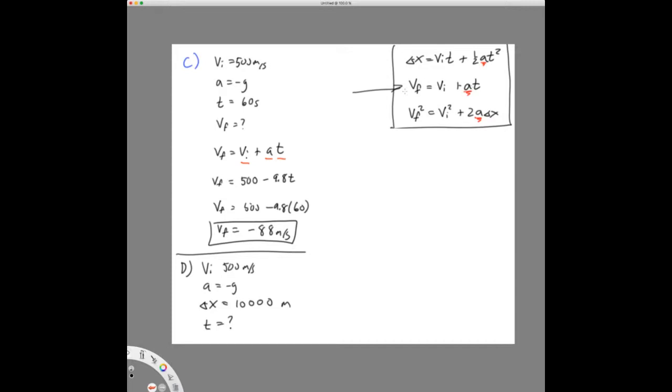Equation 2 looks good, but we don't know V final. Equation 1 includes delta x, which we know, so that seems like the one we should pick. Delta x equals V initial t plus 1/2 a t squared.